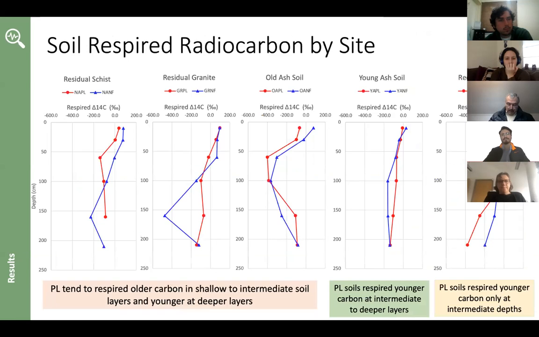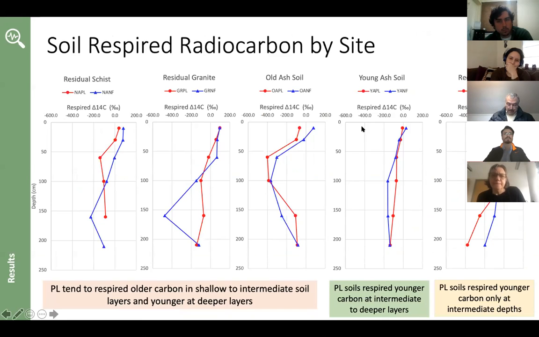And if we look at the respired carbon, you'll see that it is generally older in the crystalline mineralogy soils at the surface, and then it becomes younger in the subsurface.